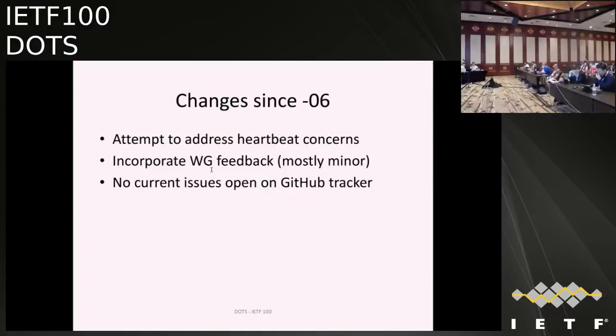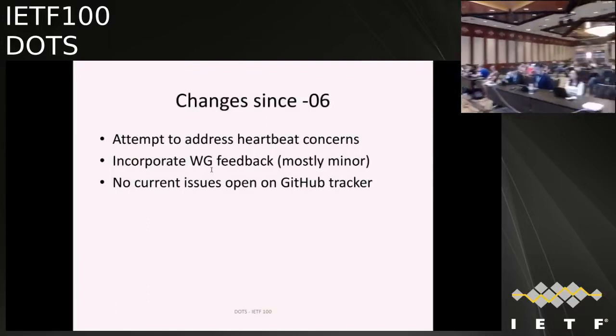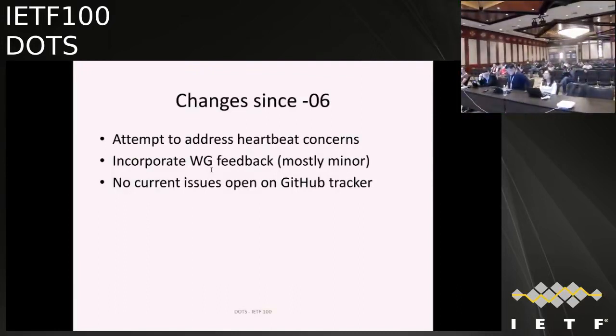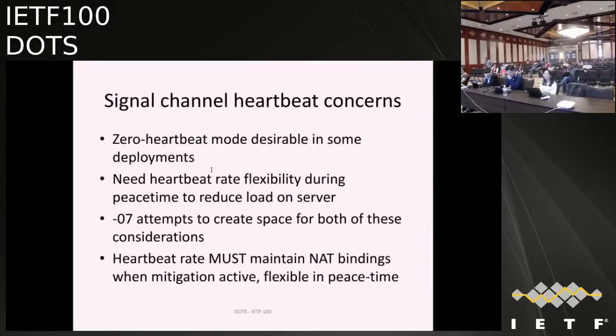We've also had the good fortune to get a lot of working group feedback in the interim. Lots of pull requests. Thank you very much, everyone. We've addressed a lot of minor editorial issues, some misspellings, some rewording, some clarifications, and we do not have any issues open on the GitHub tracker currently. That doesn't mean we are not anticipating more, but there are no open issues at the moment.